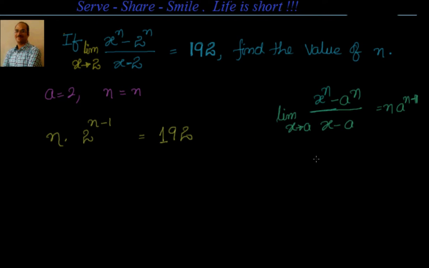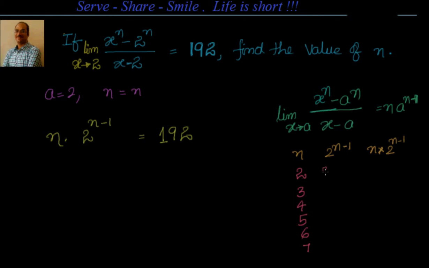So we will check all the values of 2 power n minus 1 and n, and multiply them and see which one will match. So first let's start with n equal to 2, then n equal to 3, 4, 5, 6, 7.